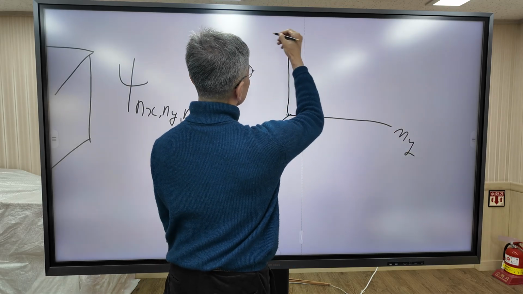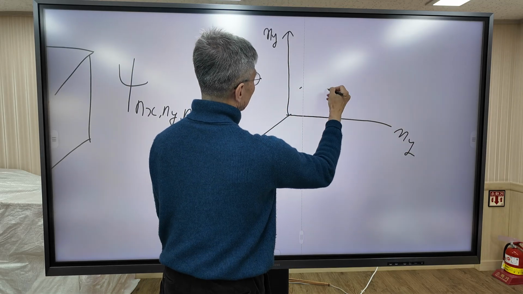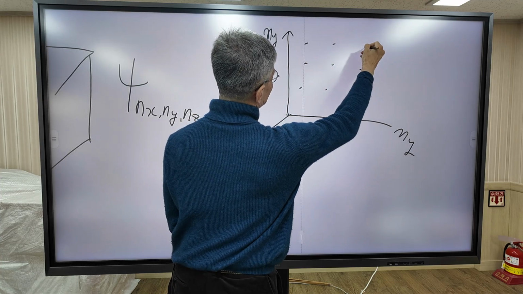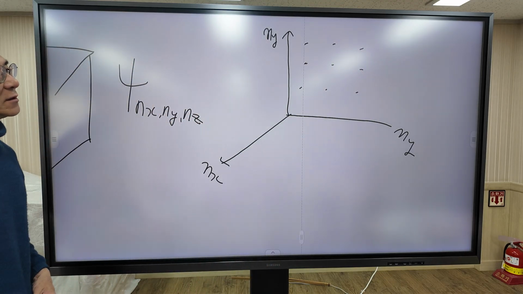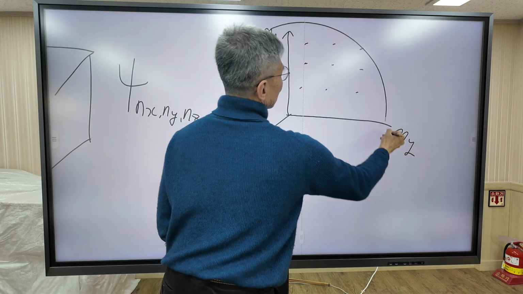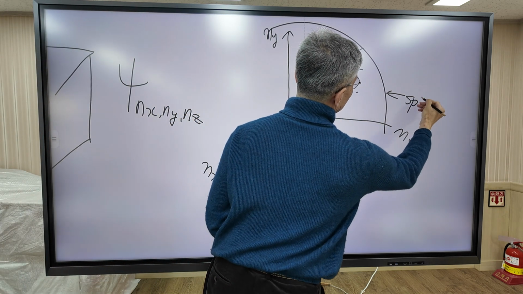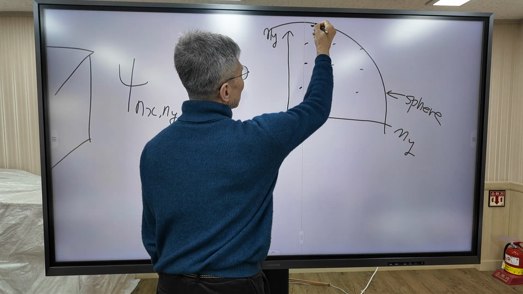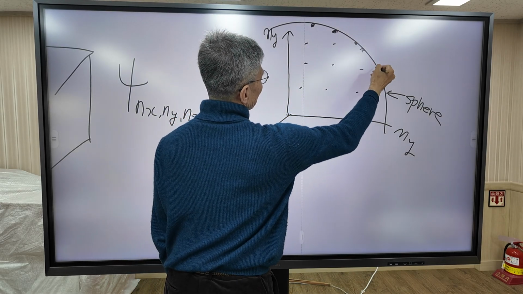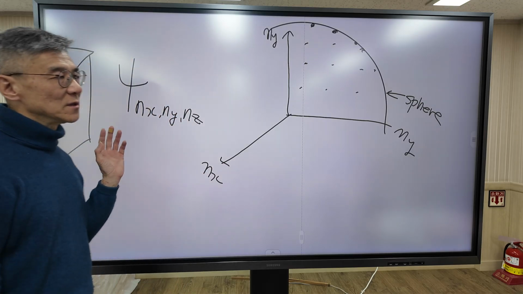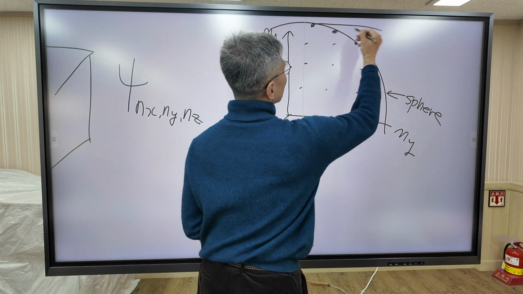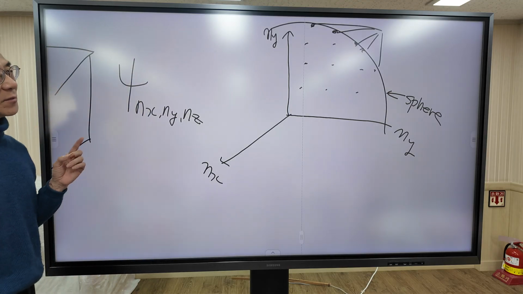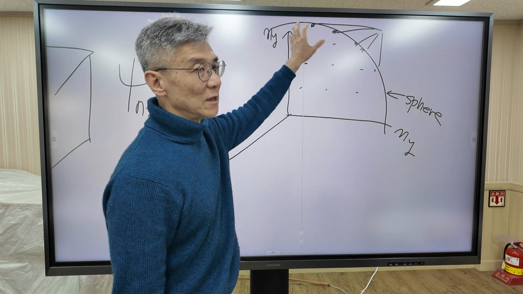In three-dimensional space, we have lattice points like this, and I can draw a sphere. On the sphere, lattice points exist. Similar to the two-dimensional case, all the points on the sphere have the same energy, so the number of points corresponds to the degeneracy of the system.